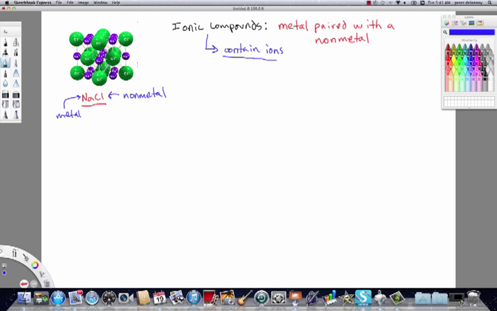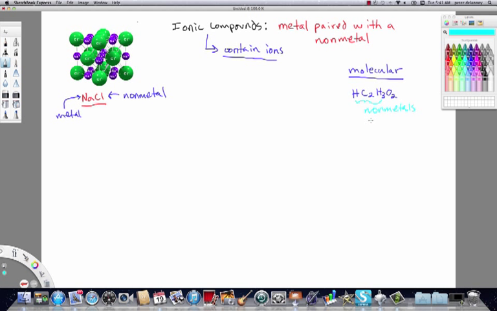Now, this is in contrast to a compound that is considered molecular. So over here, what I'm going to do very quickly is just give you an example of a molecular compound so you have something to compare to. So this compound represents acetic acid, and what you notice when you look at the formula is that it's solely composed of nonmetals.